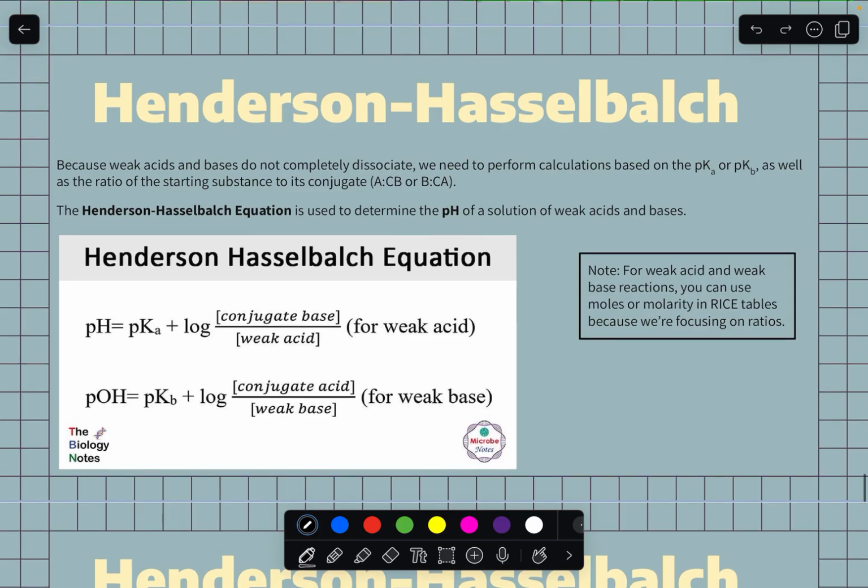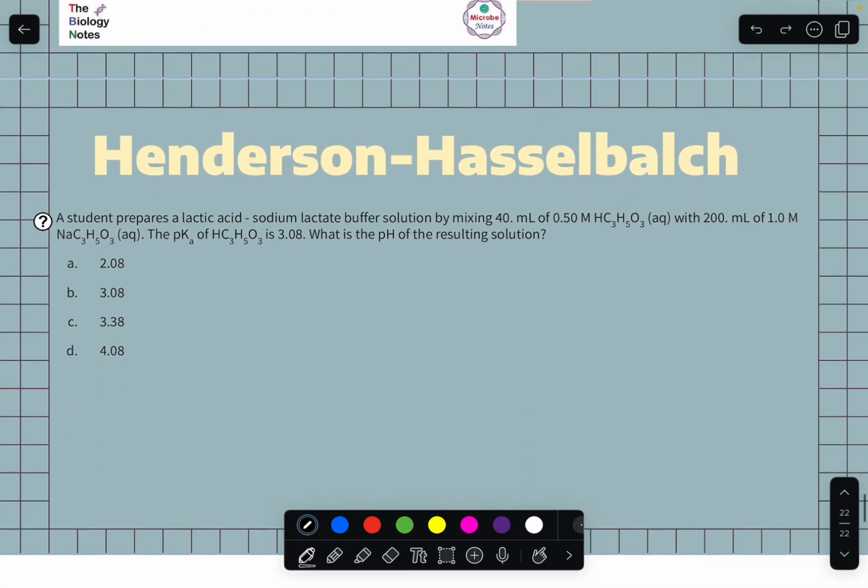Okay. So let's do an example with this. A student prepares a lactic acid sodium lactate buffer solution by mixing 40 milliliters of 0.05 molar HC3H5O3 with 200 milliliters of 1 molar NaC3H5O3. We have a pKa of 3.08. We're looking for what is the pH.